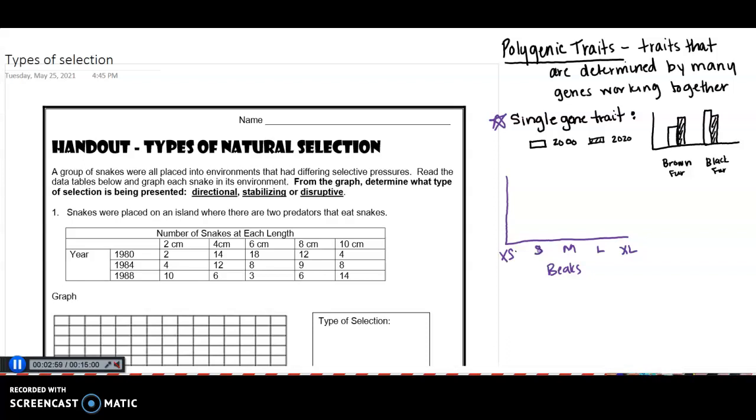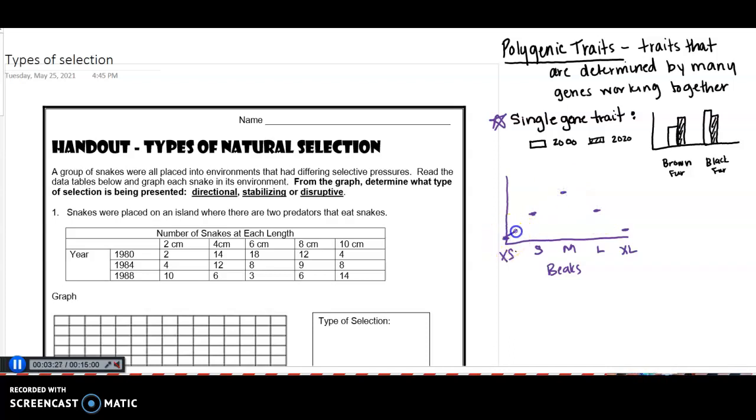That is one of the indicators that you know it's a polygenic trait. The thing is, though, the outliers, the ones on the extreme, there are way fewer of those than the ones in the middle. And so typically you're going to have very few of these extra small, very few of the extra large. You're going to have a few more of the large, a few more of the small, but the majority is going to be right in the middle.